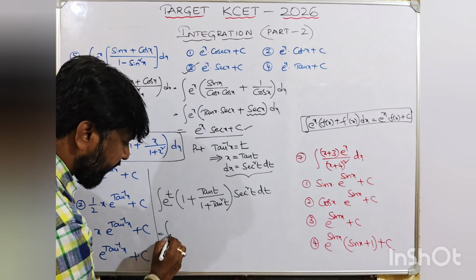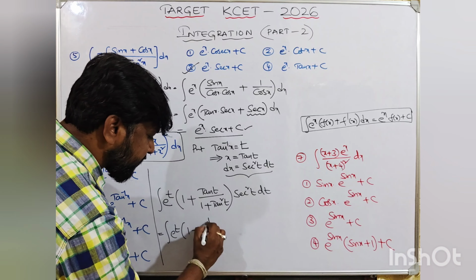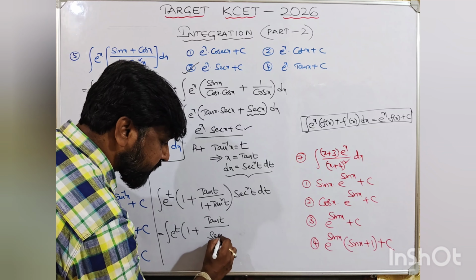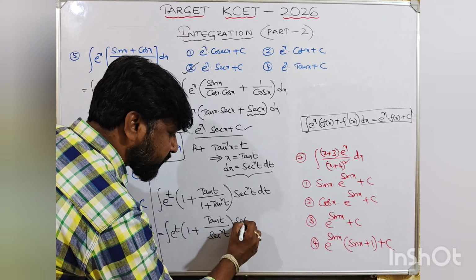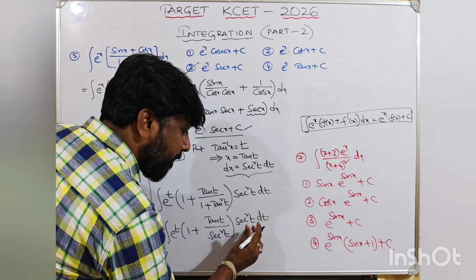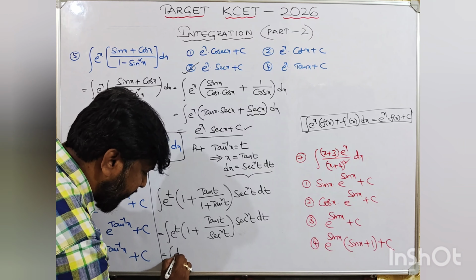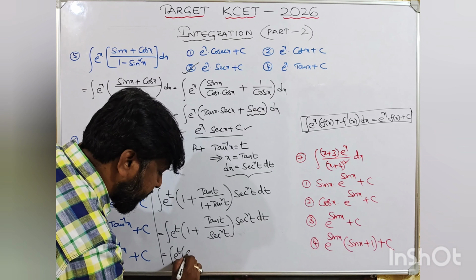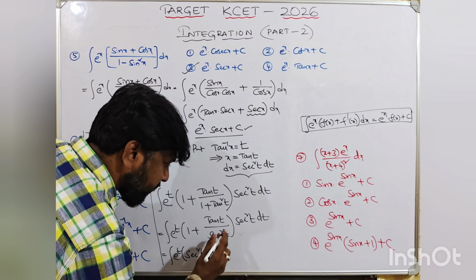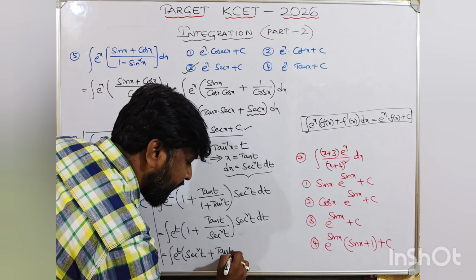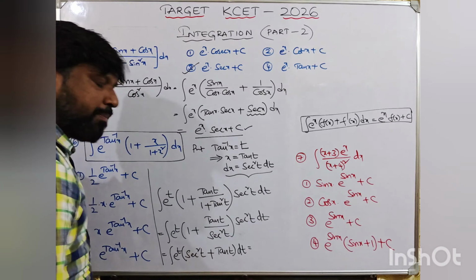So this can be written as integral e power t into (1 plus tan t) by secant square t into secant square t dt. Multiplying the secant square t inside, we get integral e power t into (secant square t plus tan t) dt, almost completed.